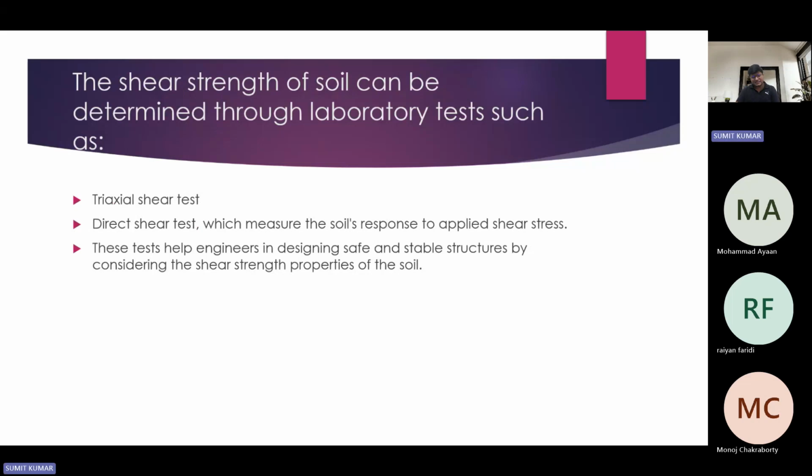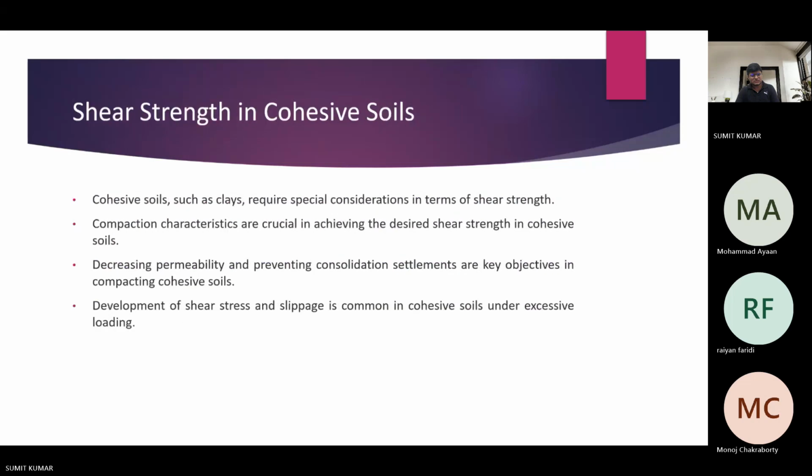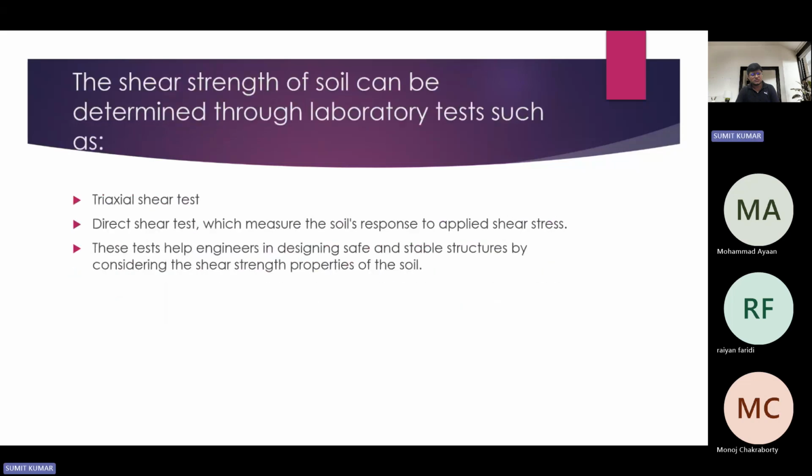In addition to that, some other tests are also there, which we could use to calculate the shear strength of soil. These tests help engineers in designing safe and stable structures by considering the shear strength properties of soil.